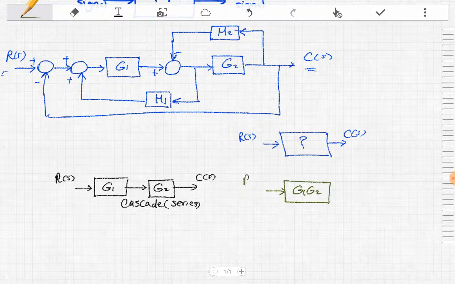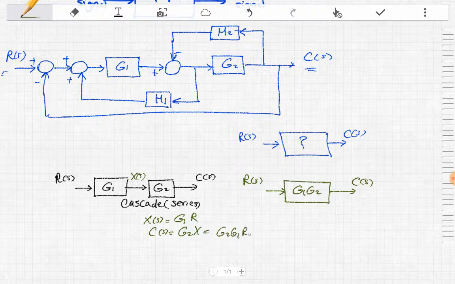You know why? It's very simple. Let me show you. Let R be the input and the output here be X(s). What is X(s)? It equals the transfer function times the input, so it will be G1 times R. And the output C equals G2 times X. What's X?